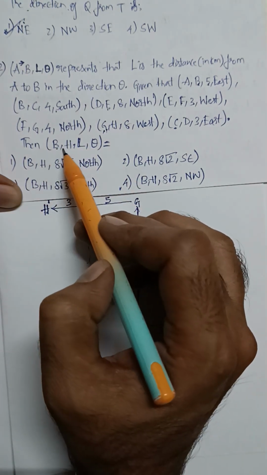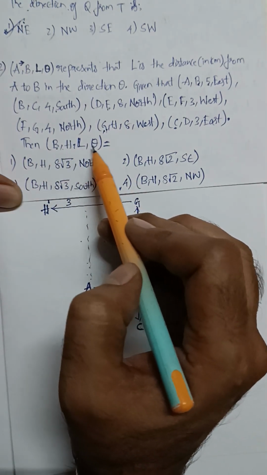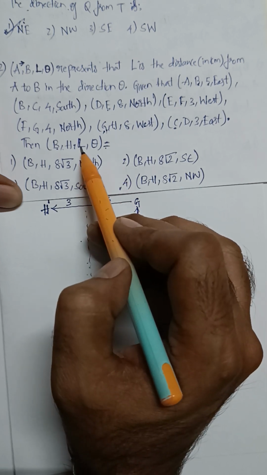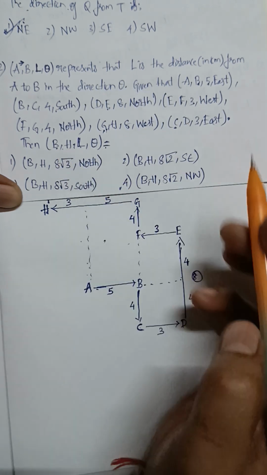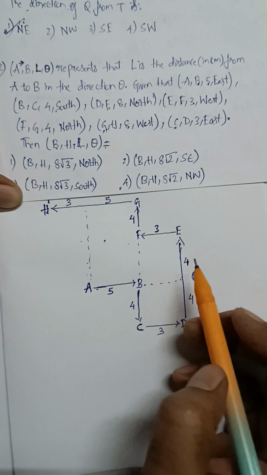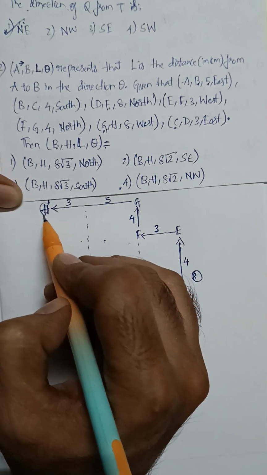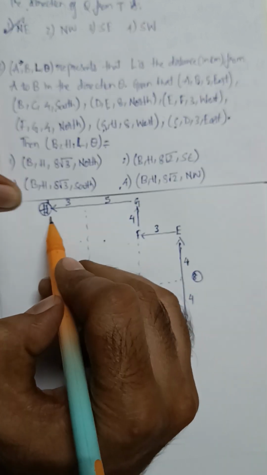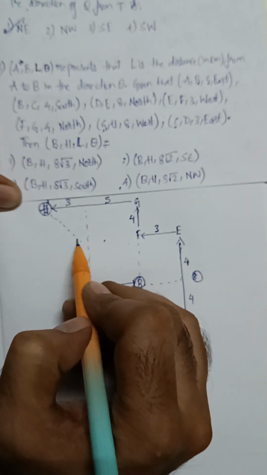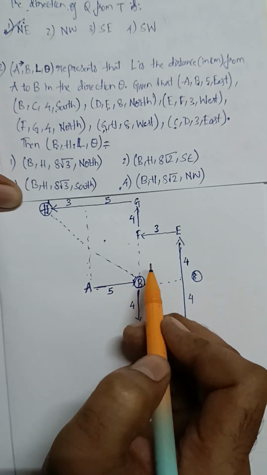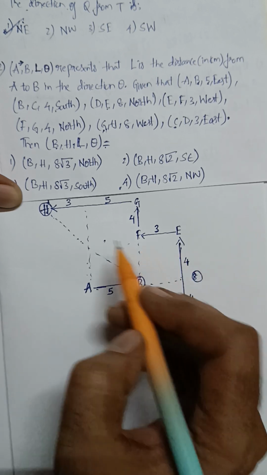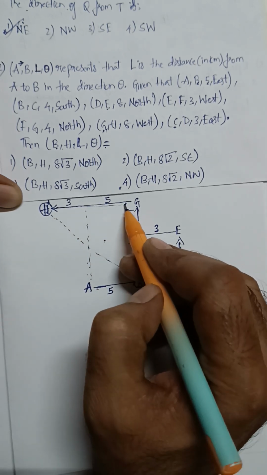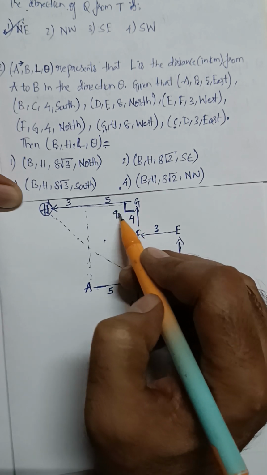Then what is L, theta between B and H, he is asking. Between B and H, he is asking the distance. Now H is here, B is here. From B to H distance, it is a right angle triangle, that is 90 degrees.